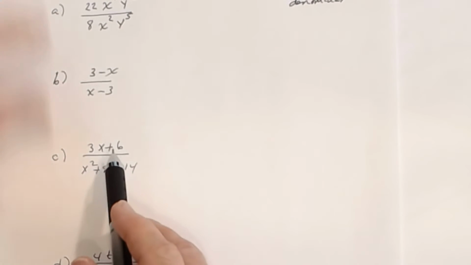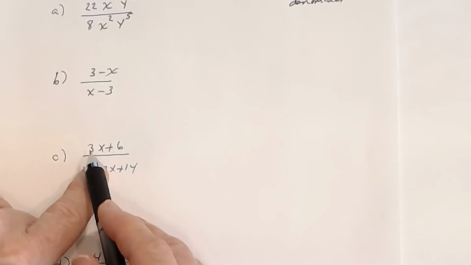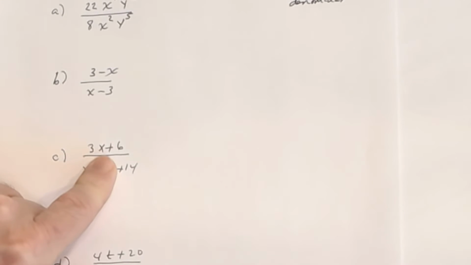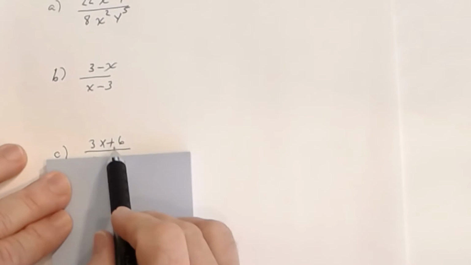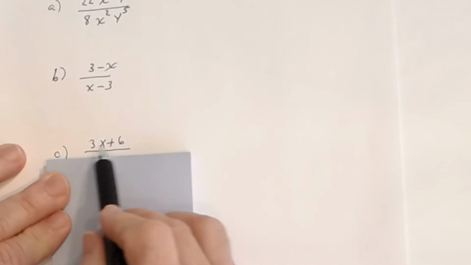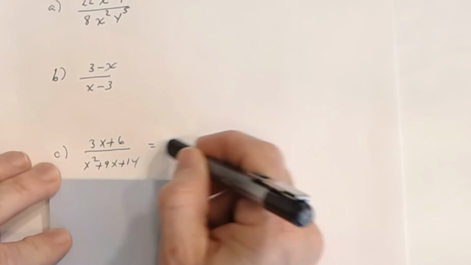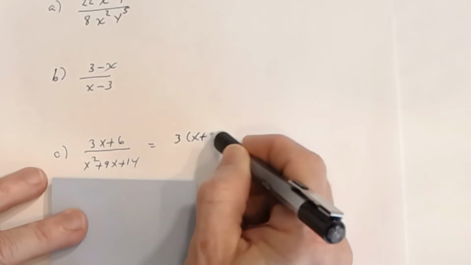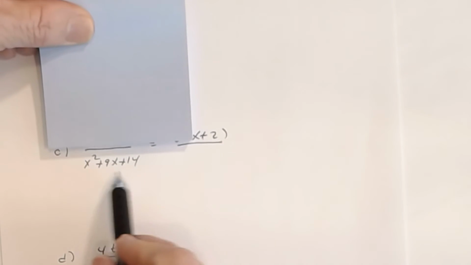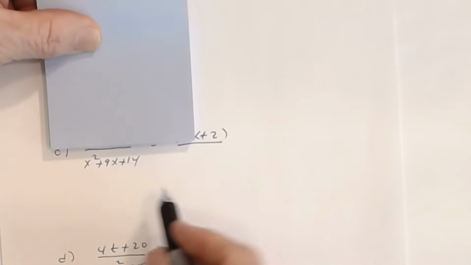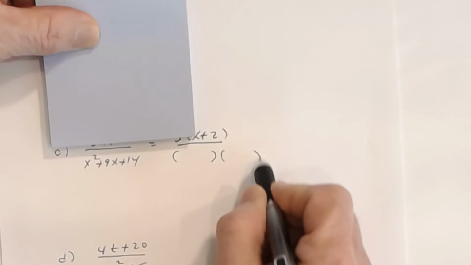Okay, you're going to factor numerator and denominator. So if you look at C, the numerator, and remember, if you cover up the denominator here, from the last 3 weeks, you know that you could factor out a 3 here. So this becomes 3 times x plus 2, okay? And then if you factor the denominator, that's a trinomial, so let's go to the two binomials now.